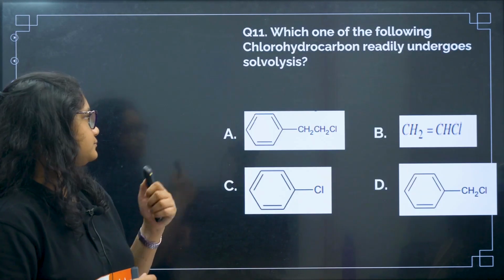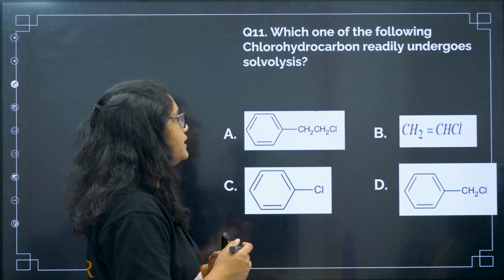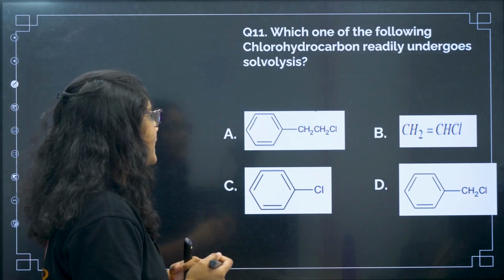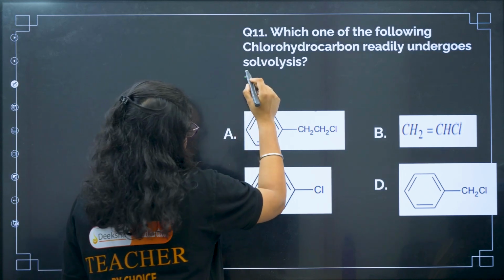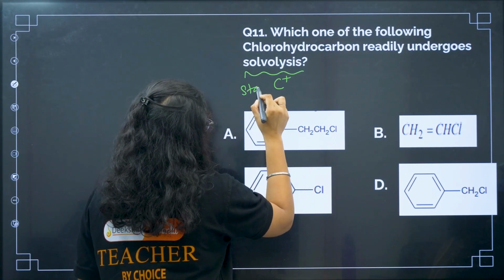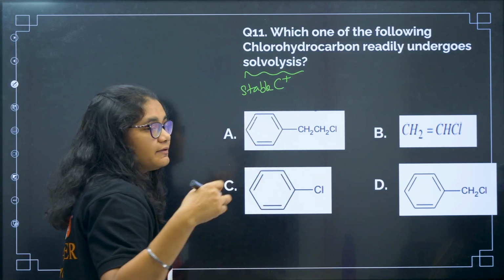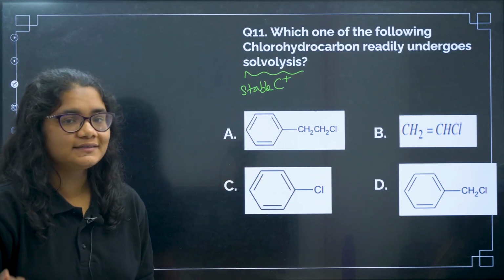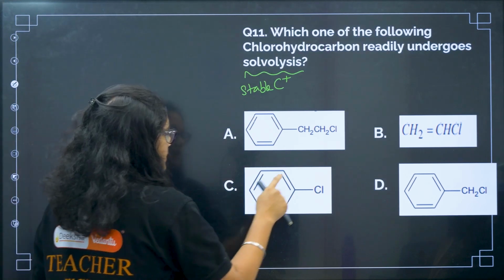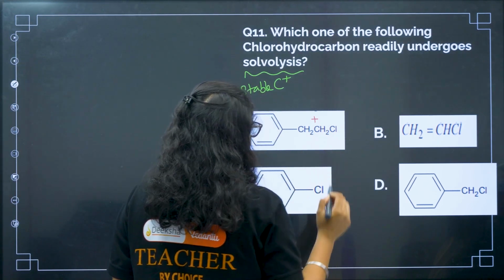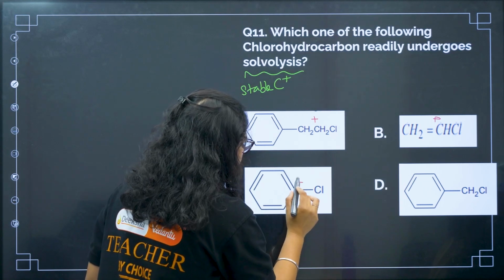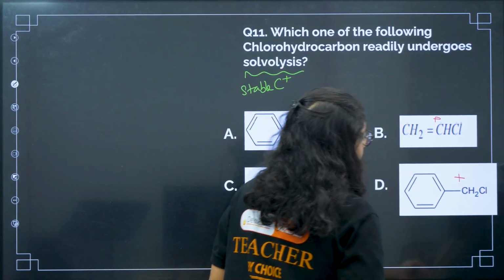Okay. Now coming to question number 11. Which one of the following alkyl halides readily undergoes solvolysis? For this you should know, if we are getting a stable carbocation, okay, then that will undergo hydrolysis or solvolysis easily. So now let us try to form the carbocation in all the options. If this chlorine goes out, this is the carbocation forming here. Here this carbocation will form, here this carbocation will form, and here this carbocation will form.